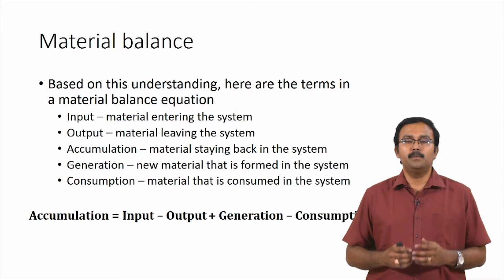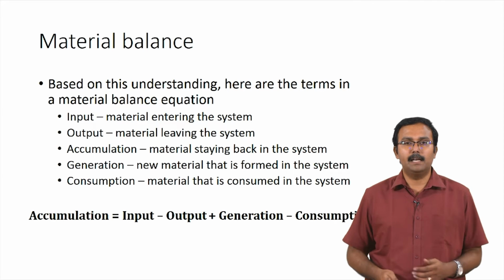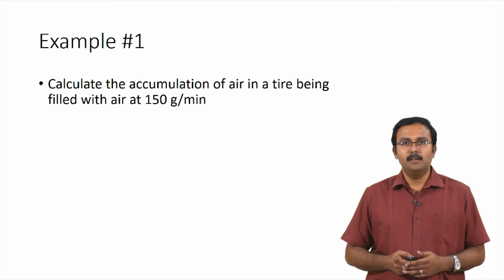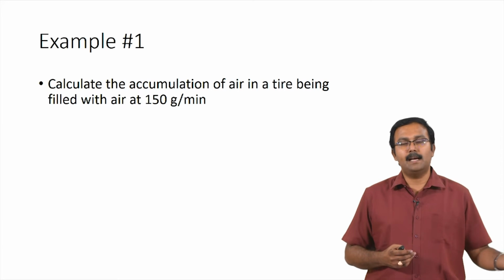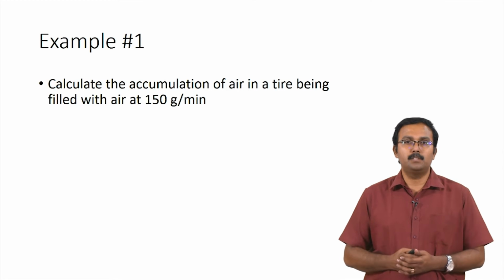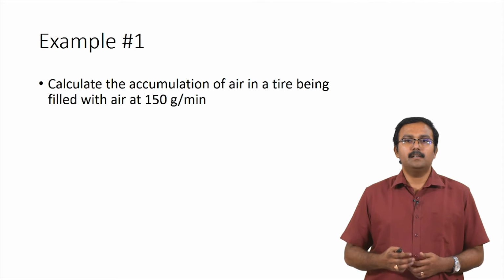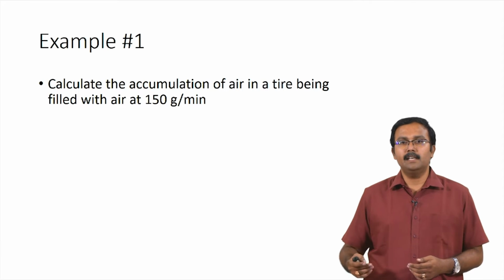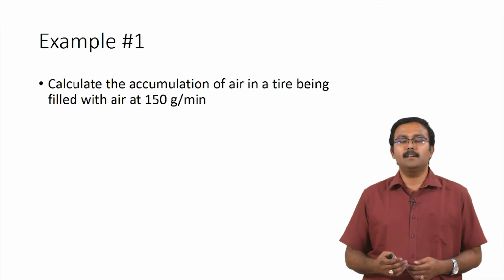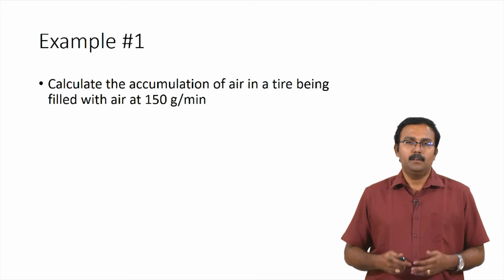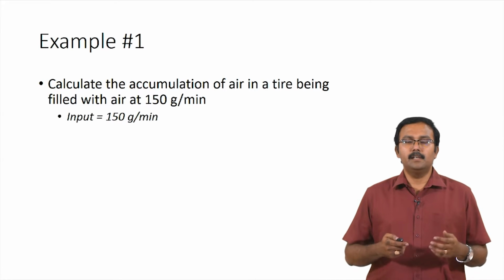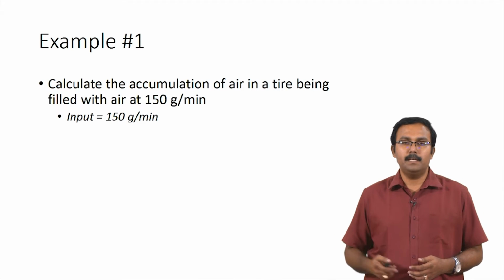To start with, we will look at how to perform material balances. Here is an example of a very simple system. This is the same system which we used as an example to classify the processes. Calculate the accumulation of air in a tire which is being filled with air at 150 grams per minute. For this system, the input is at 150 grams per minute.